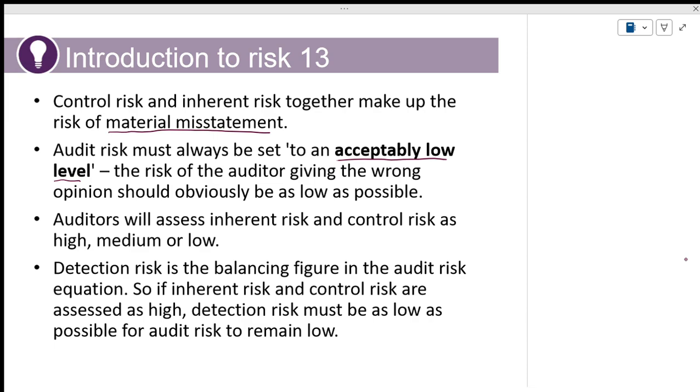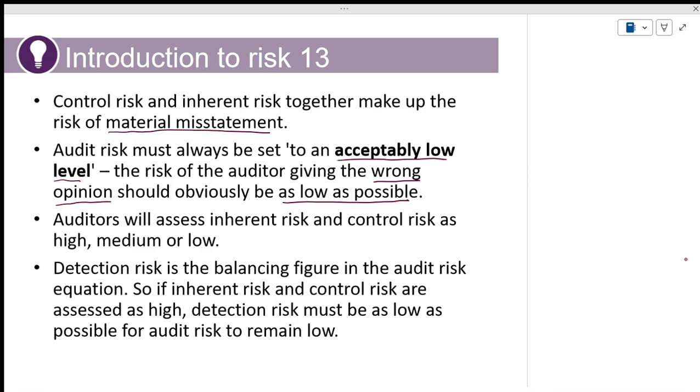See, we should not come to a conclusion and give a wrong opinion. That is mentioned very clearly. The risk of an auditor giving a wrong opinion should obviously be as low as possible.